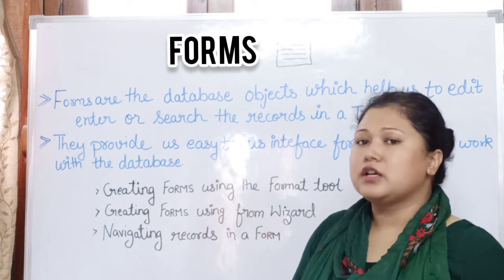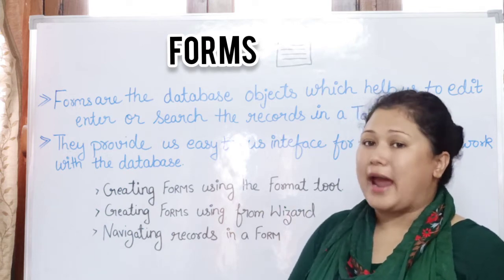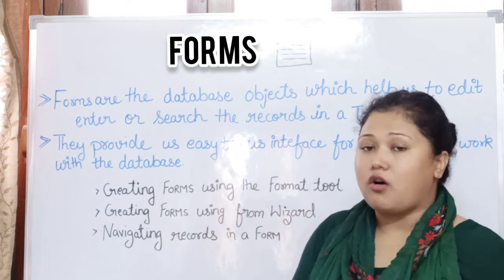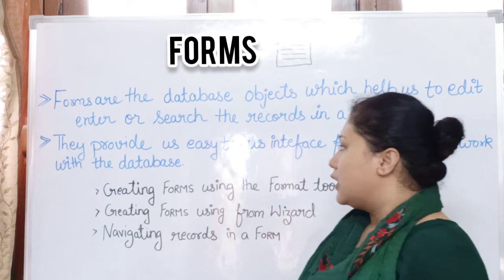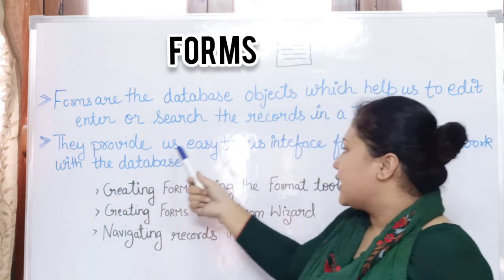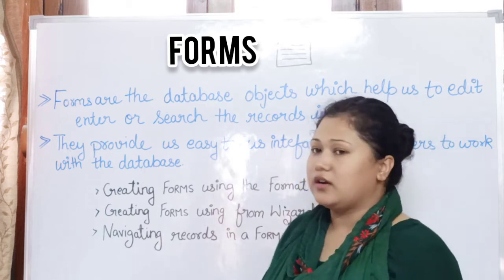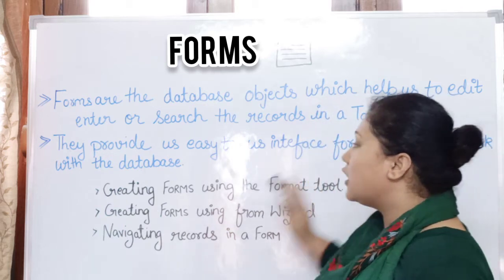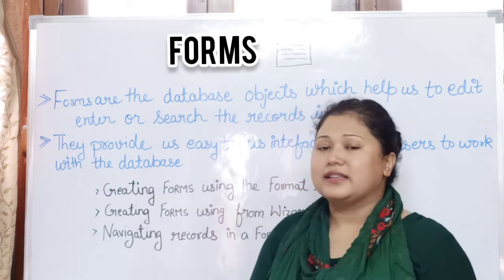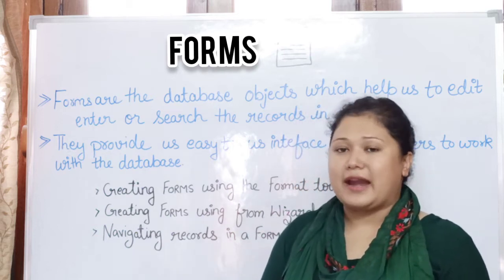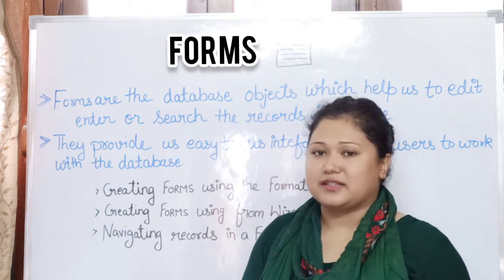They provide us an easy to use interface for the user to work with the database. Form provides the easy way to edit and enter the data in a database management system.